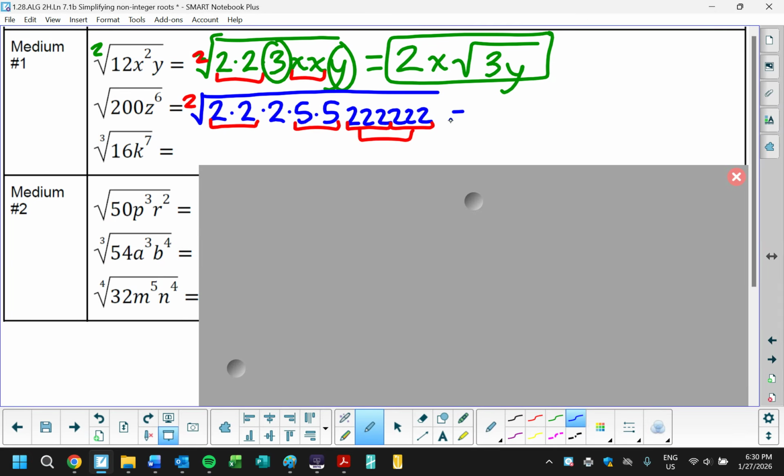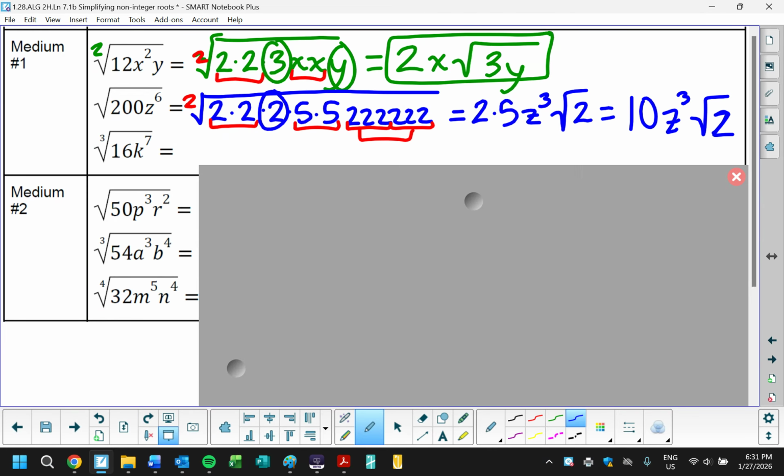Now note what gets pulled out here. Both the 2 as well as the 5 with the single 2 left over, and then a z to the 3rd times another z to the 3rd. But if we're going to write this in simplest form, let's go ahead and multiply the coefficients. 2 times 5 is 10, z to the 3rd, all multiplied by the square root of 2.